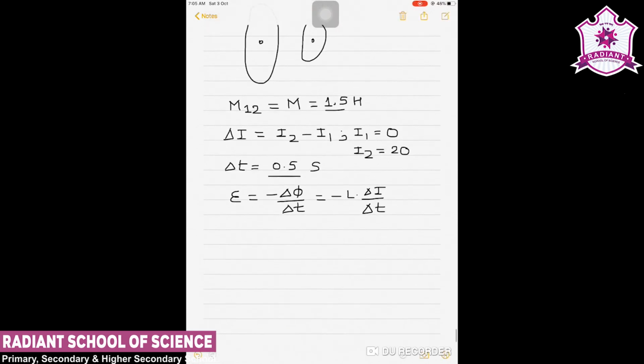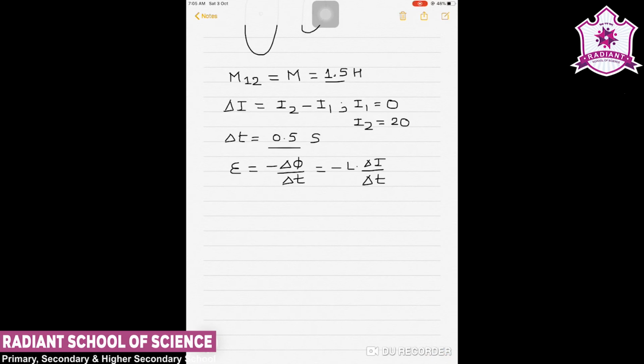At the same time, we can have the equation in the form delta phi upon delta T is equal to L delta I upon delta T.